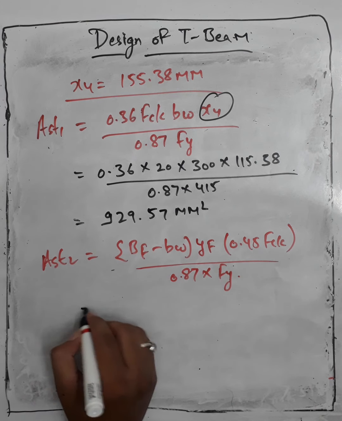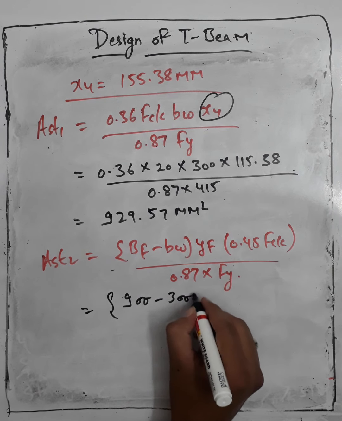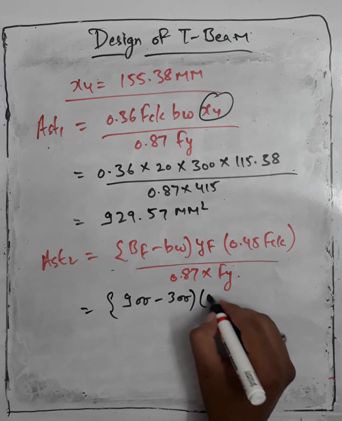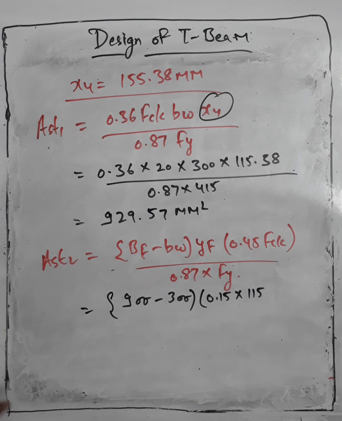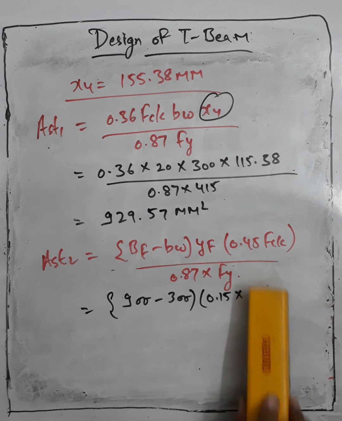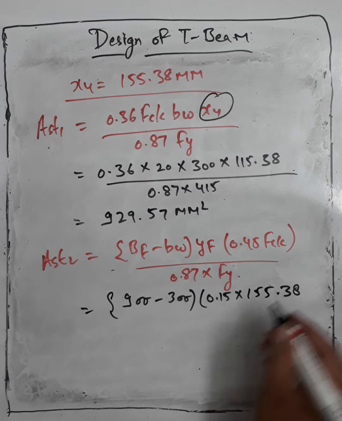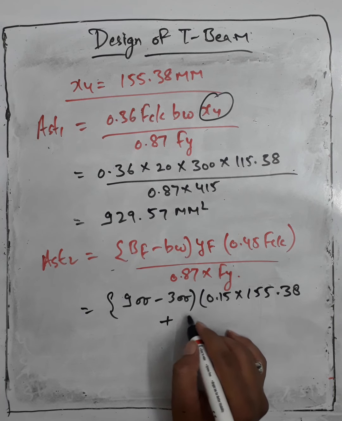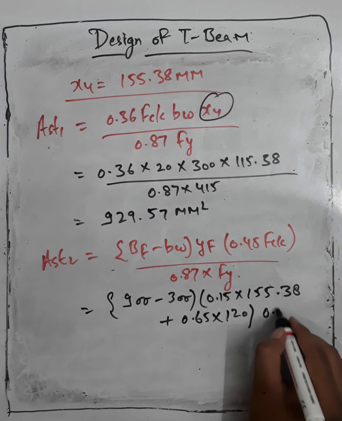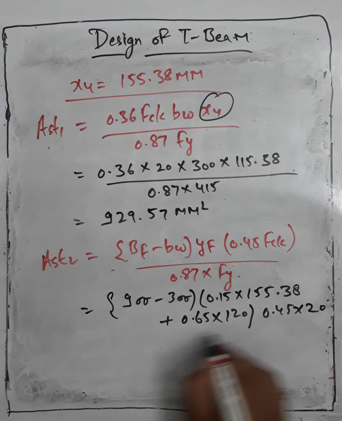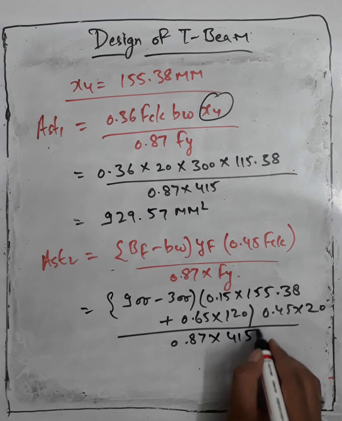So put values: (900 − 300) × yf, so 0.15 × 155, not 115, 155.38, plus 0.65 × 120, × 0.45 × 20 divided by 0.87 × 415.